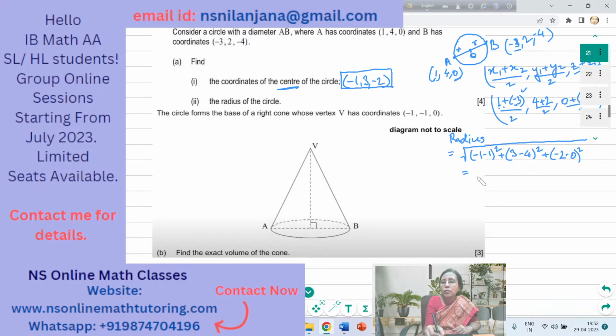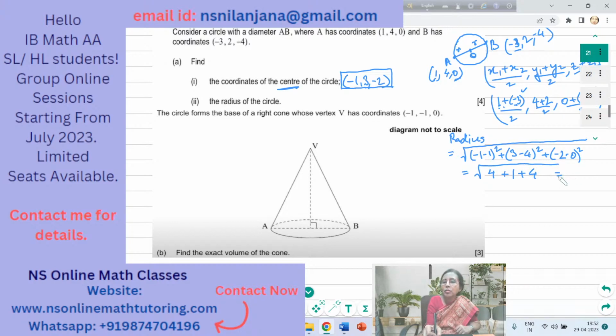This is equal to -2 whole square is 4, 3 minus 4 is -1 whole square is plus 1, and -2 whole square is plus 4.